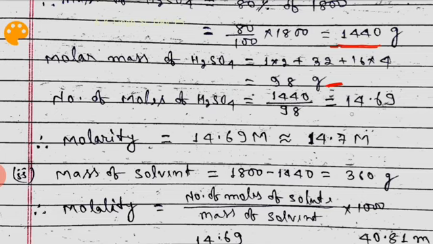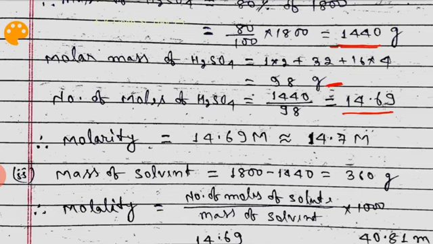It is equal to 14.69 moles. Now, molarity is equal to 14.69 M, nearly equal to 14.7 M. What does it mean? 14.7 moles are dissolved in 1 liter of solution.